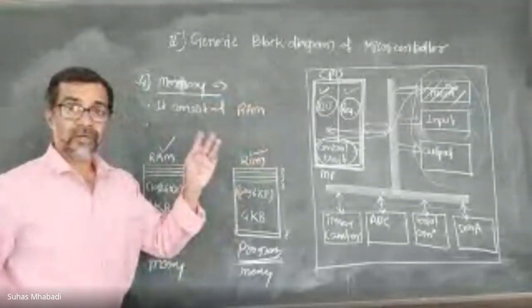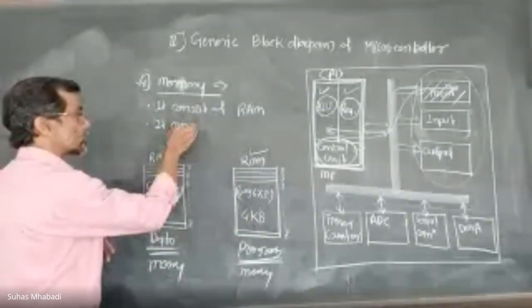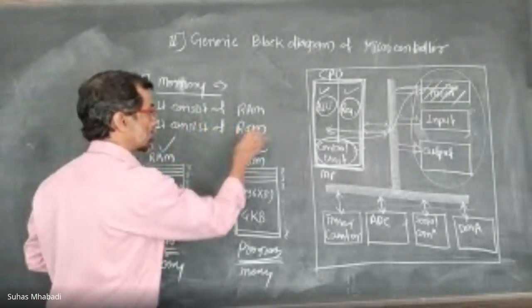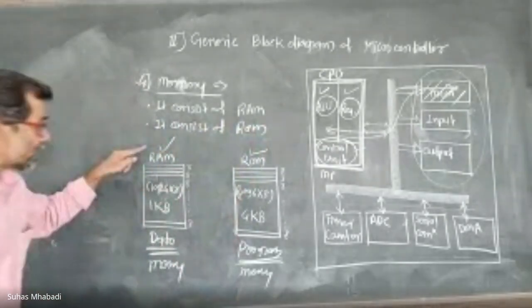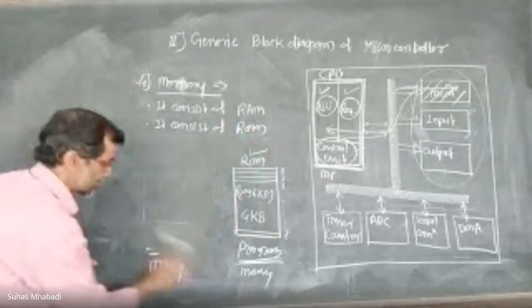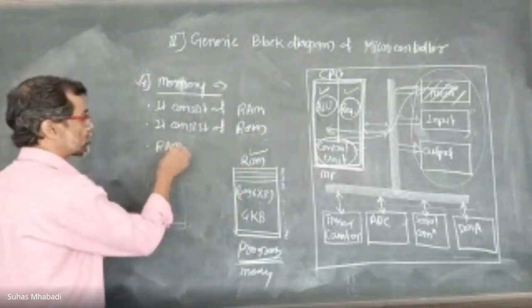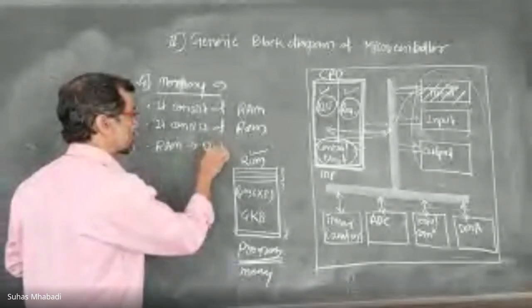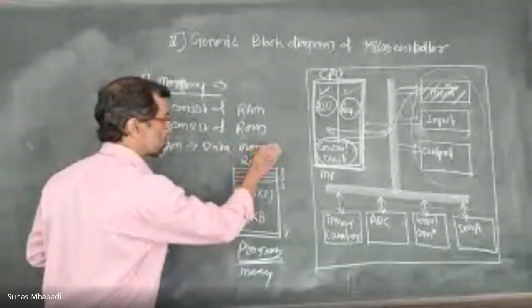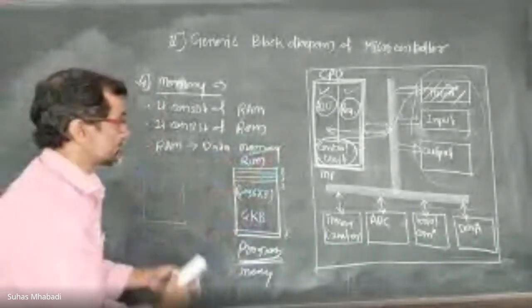It consists of ROM, read-only memory. Random access memory is called as data memory. ROM is called as program memory.